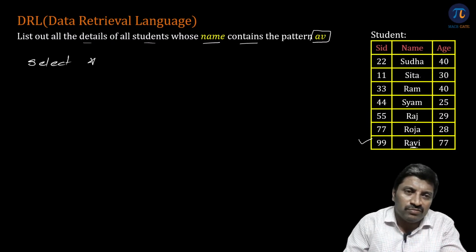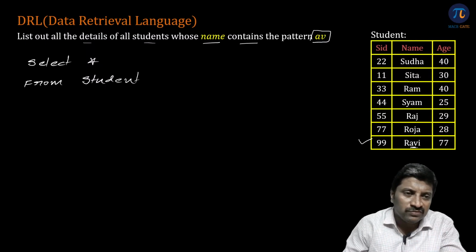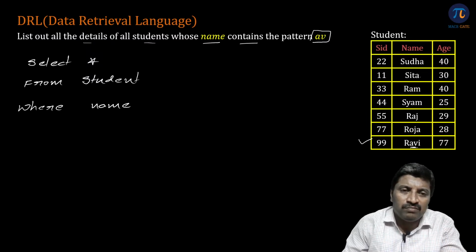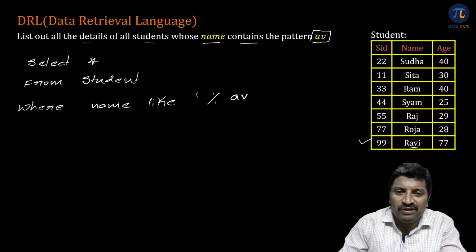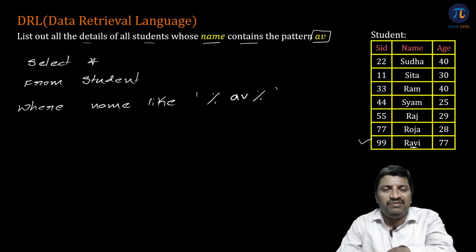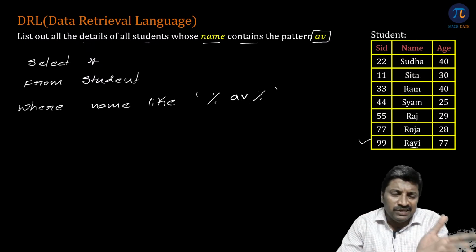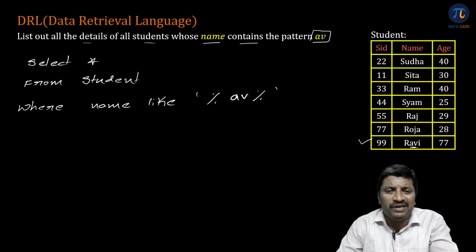Select star from student where name like '%AV%'. Sir, any string, followed by AV, followed by any string.